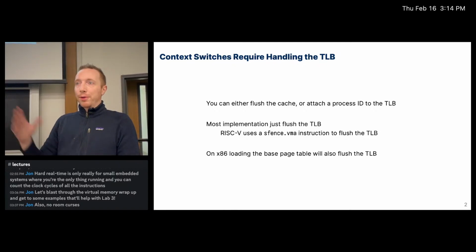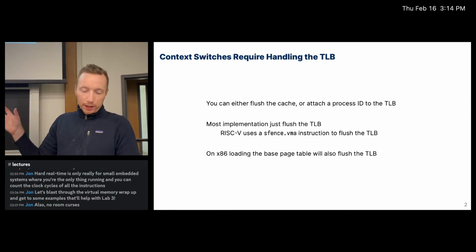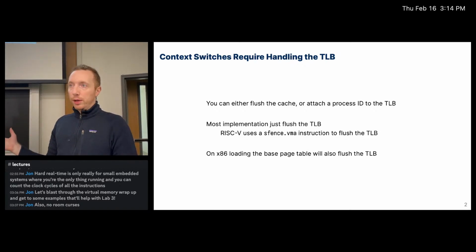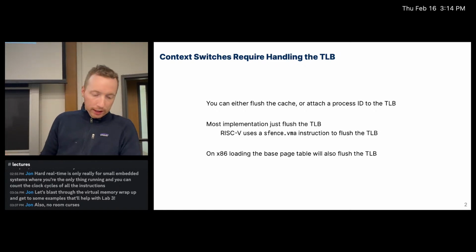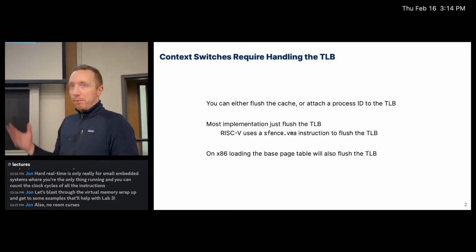So yeah, in that case, since it's just a cache of like virtual page number to physical page number, well, if we switch address spaces, the easiest thing to do is just to flush the cache and just invalidate all of it, and then the new process would just keep on repopulating it. In some architectures, you have to like explicitly flush the cache.